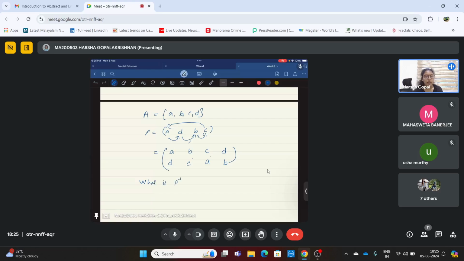What we want to find is that rho composed with rho inverse should be equal to identity.